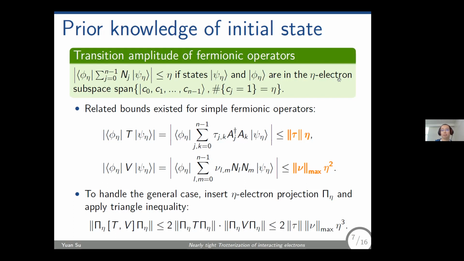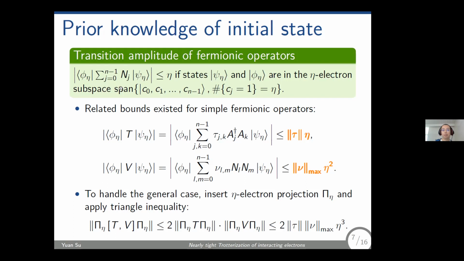For example, we can consider this eta-electron subspace. In this case, the spectral norm, our error metric, will become the so-called maximum transition amplitude. For example, we can take the transition amplitude of this operator, which is called the particle number operator.